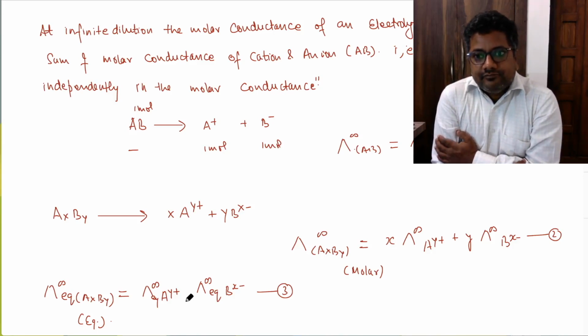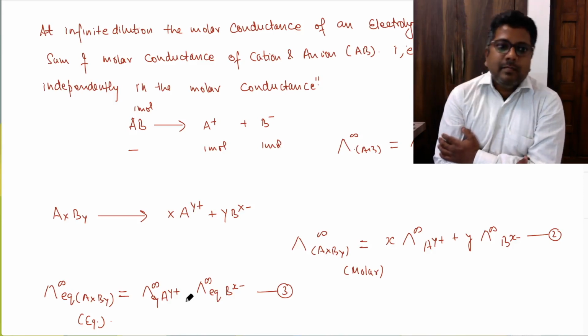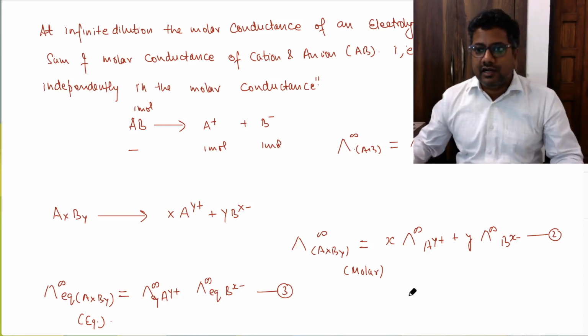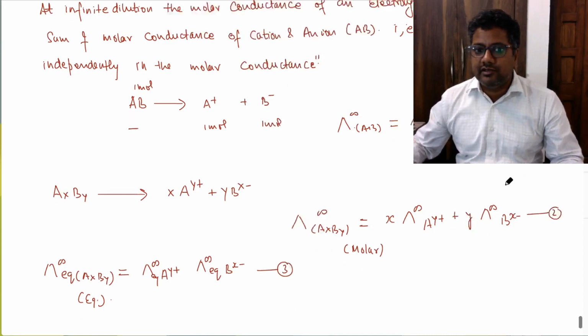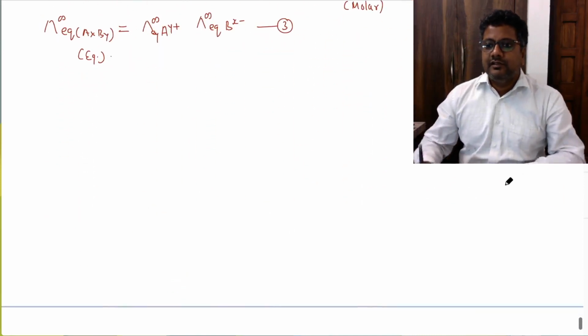Okay. So this is Kohlrausch's law of independent migration of ions. Now see what is the application of this law.